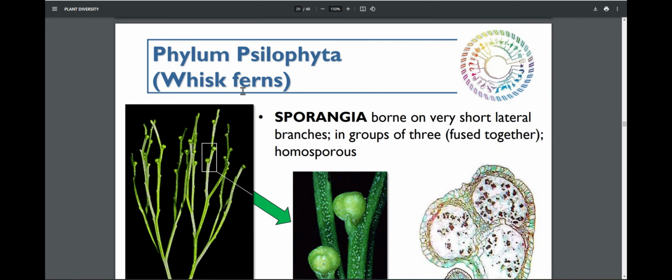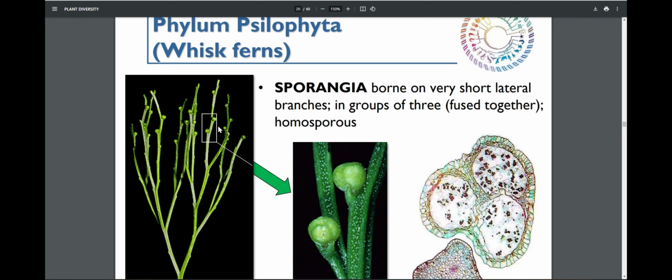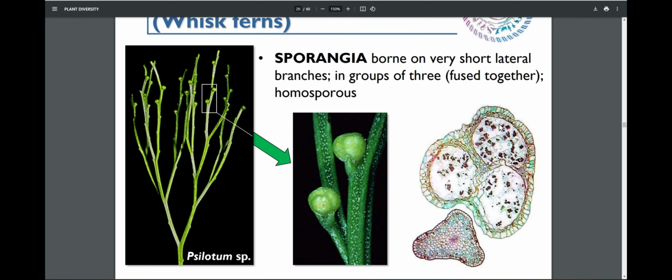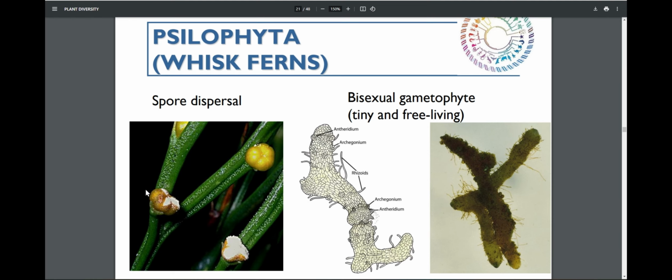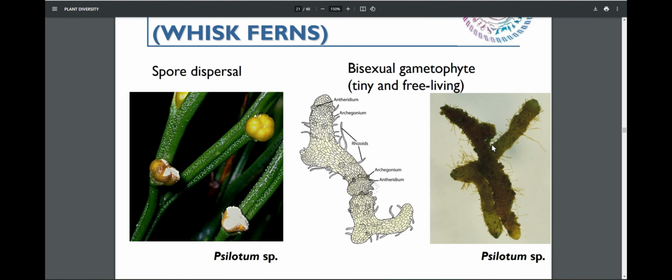And then moving on, the sporangia are these little bulbs on the stems, in groups of three, fused together. Homosporous, only producing one kind of spore. Spore dispersal: this bursts open to disperse spores. And these gametophytes are tiny and free living. Remember, homosporous leads to tiny and free living gametophytes, while heterosporous are endosporous gametophytes that do not grow beyond these spores.